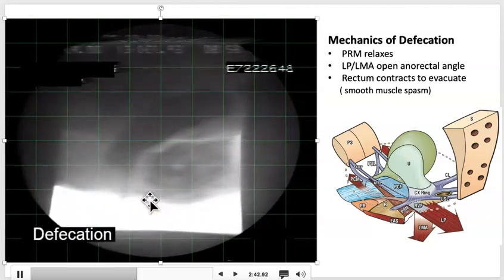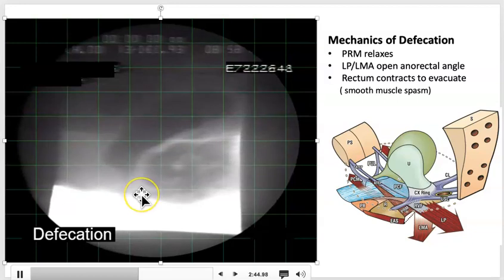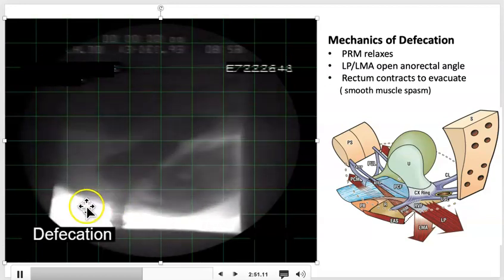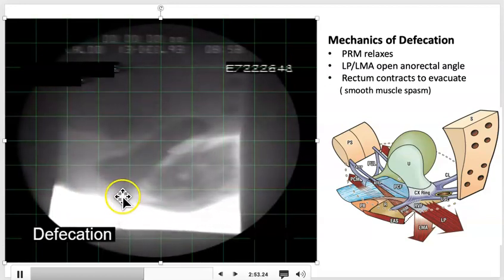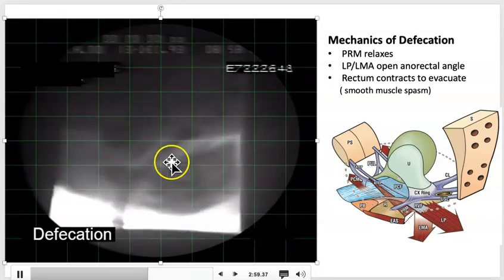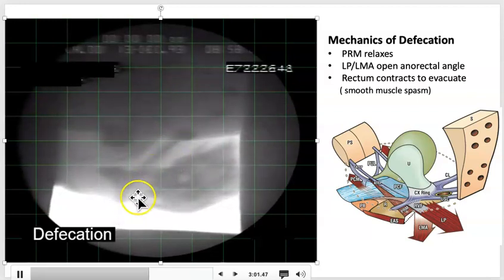In defecation, the muscle movements are similar to what is seen in straining. That is, that the anterior border of the levator plate is pulled down. But in this case, you will see that there is an opening out of the anorectal angle due to relaxation of the puborectalis.